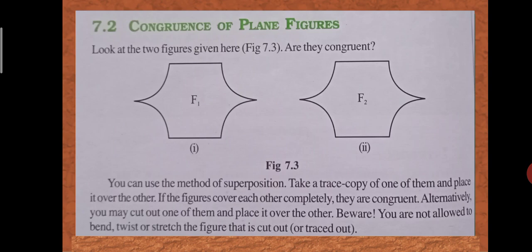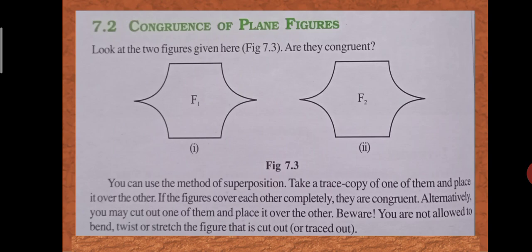Suppose you take one figure of a circle with radius 3 centimeter. Another circle is also made up of 3 centimeter radius. When you place that circle on another circle, what do we find? They are congruent. Yes, they are congruent. But if you took one circle of 3 centimeter radius and another circle of 4 centimeter radius, and then you keep one on another, are they congruent?